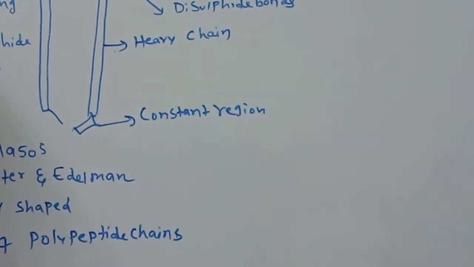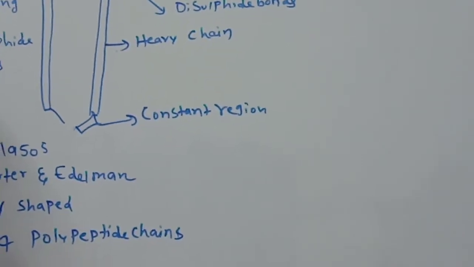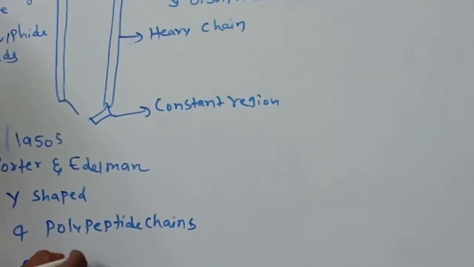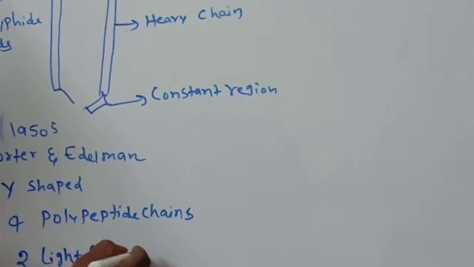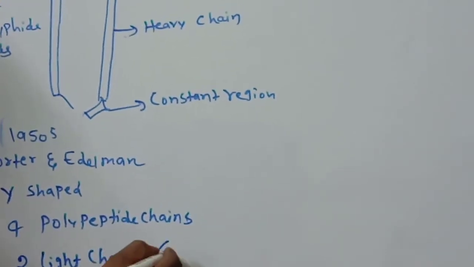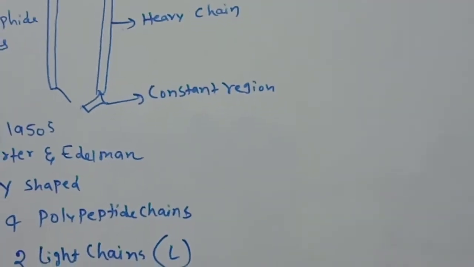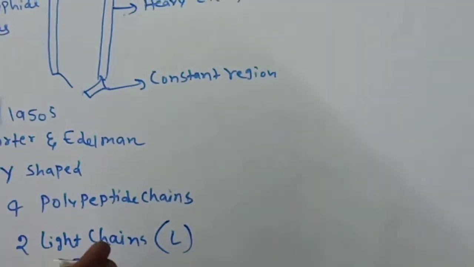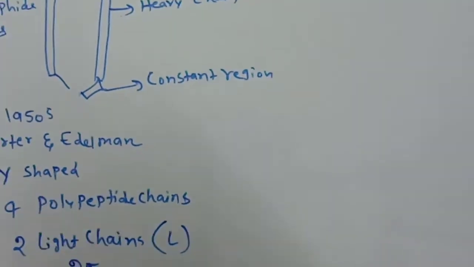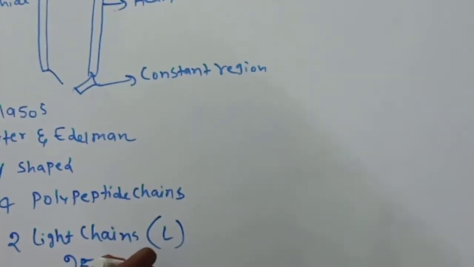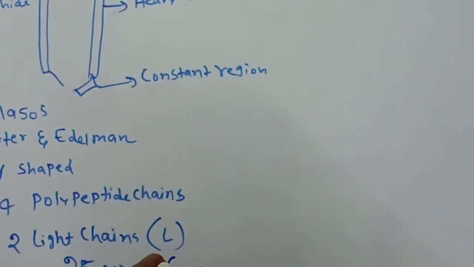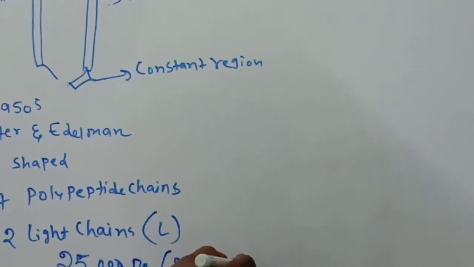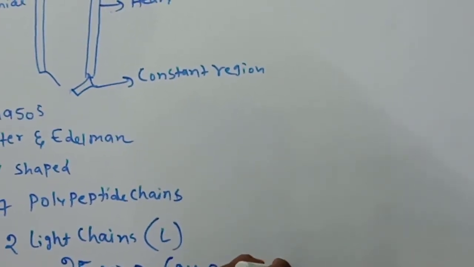Next, another important one: 2 light chains. 2 light chains means L. Next, what is the weight of the light chains? 25,000 daltons, approximately 214 amino acids.